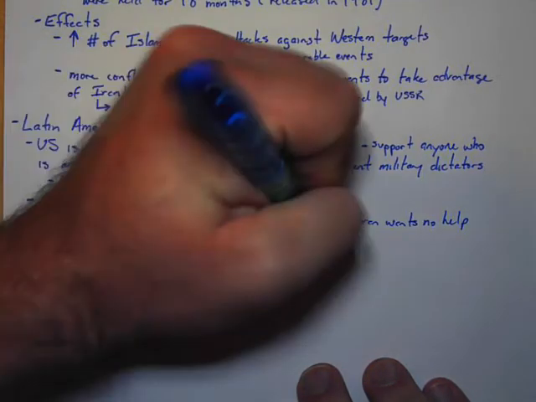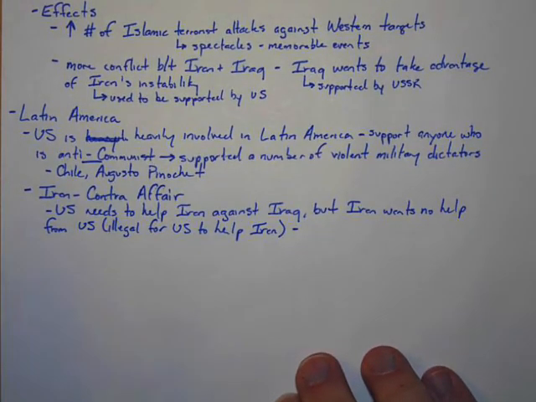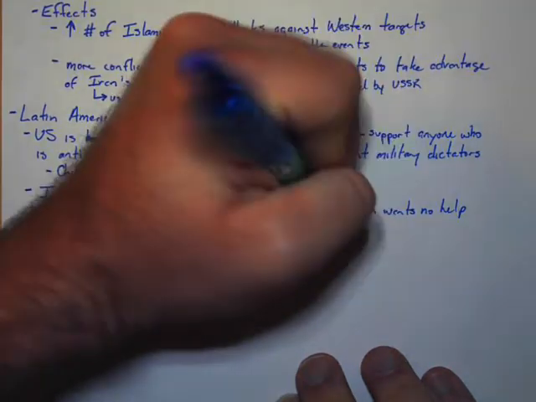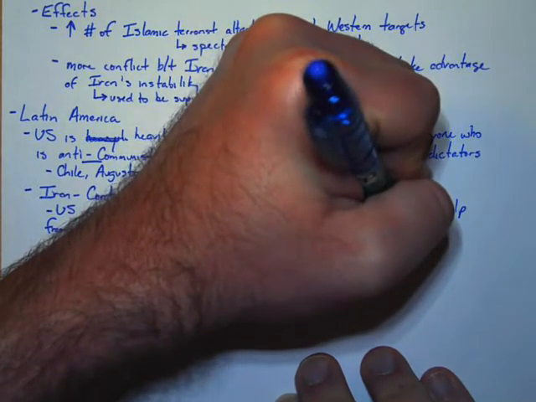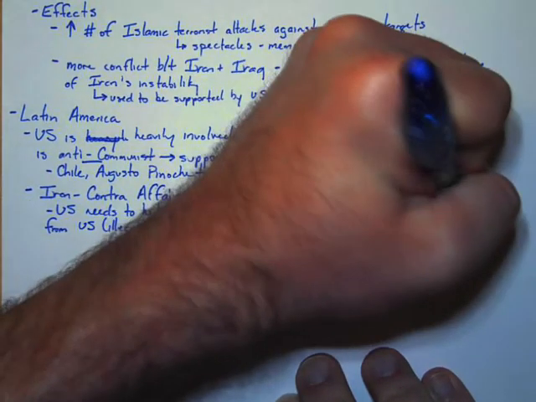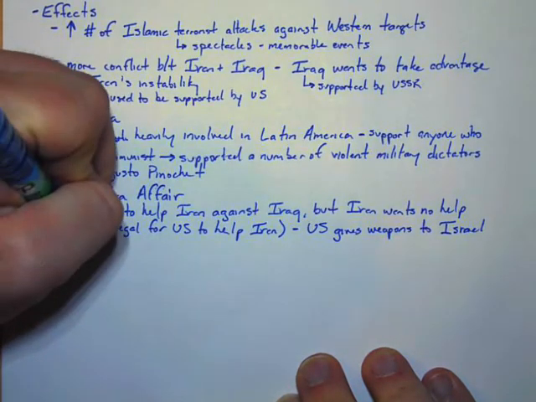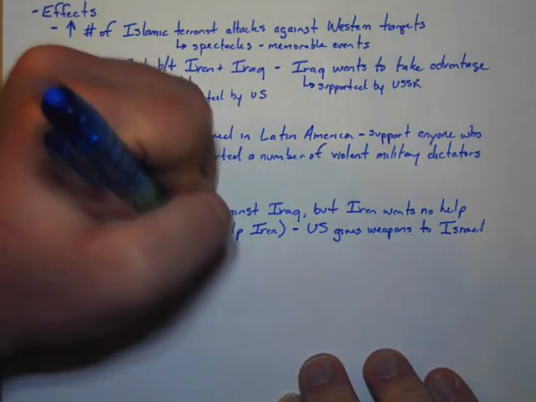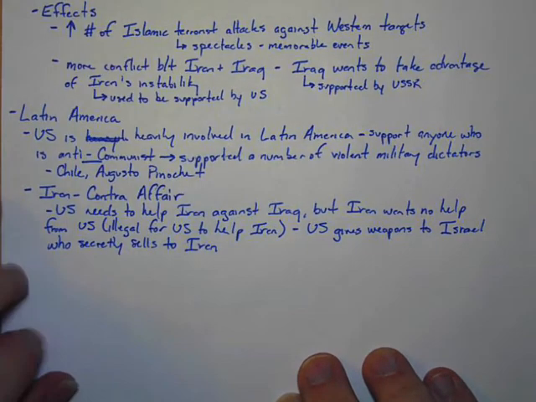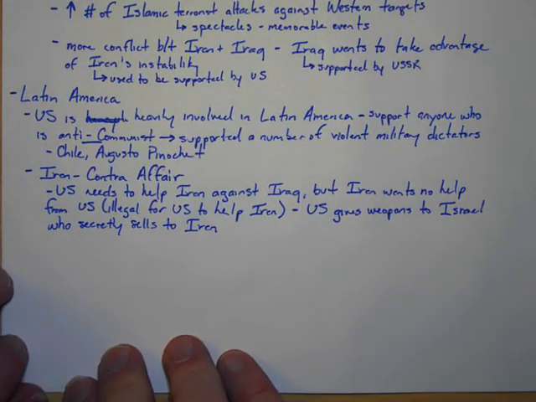So here is the more or less illegal plan to help the Iranians. The U.S. gives weapons to Israel, who secretly sells them to Iran. And I don't think the Iranians knew that it was Israel who was selling them these weapons.